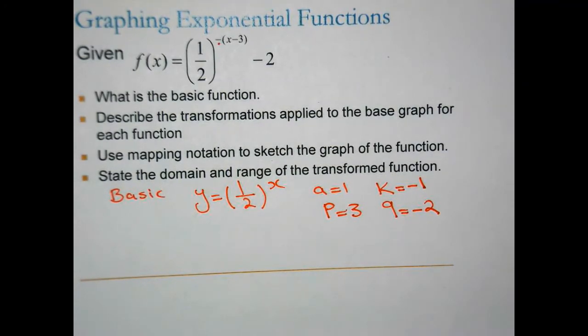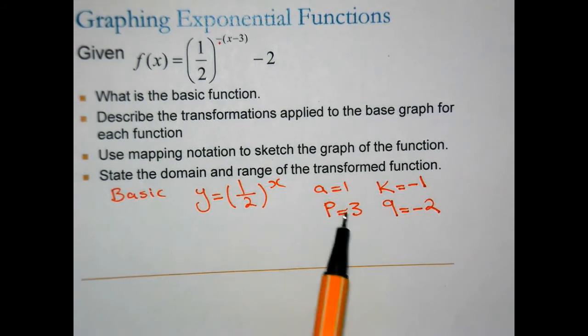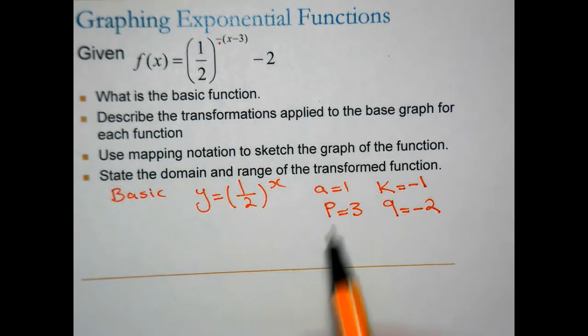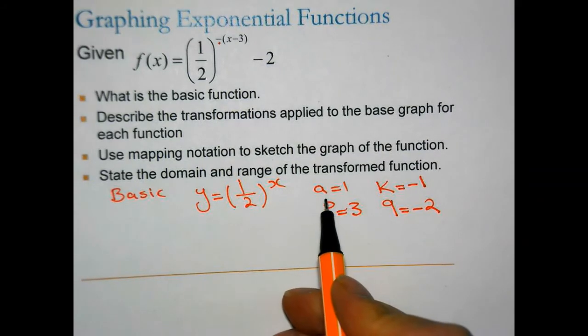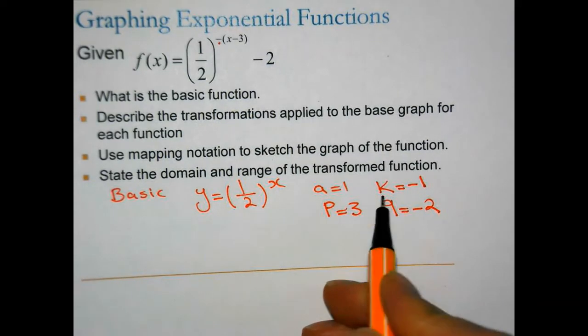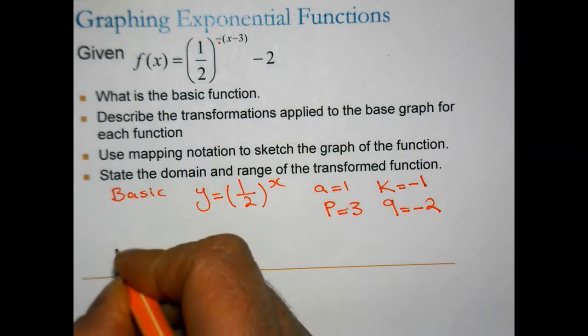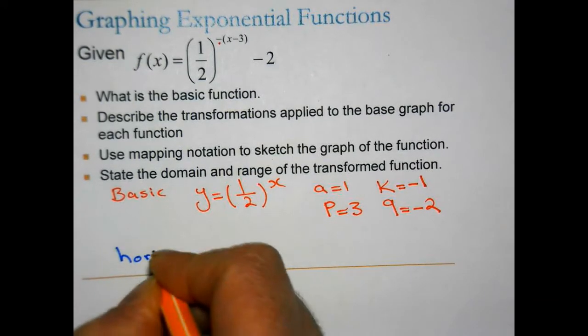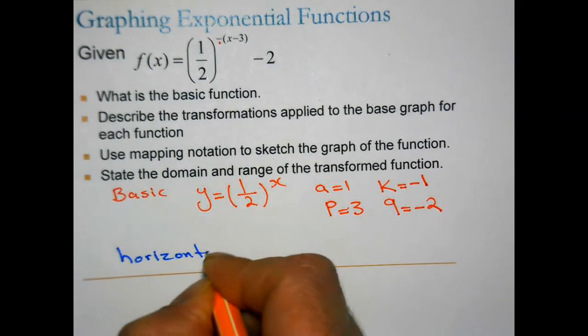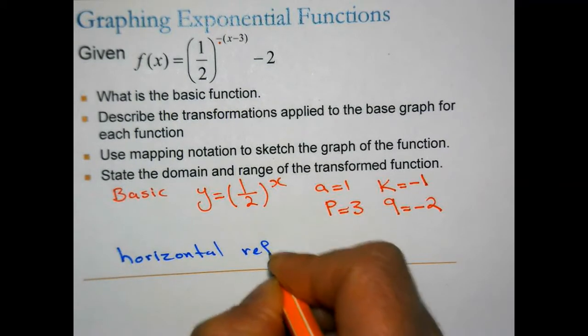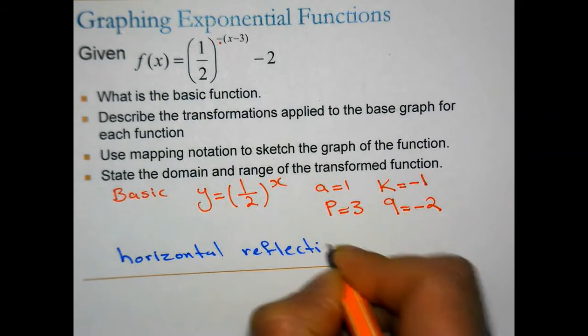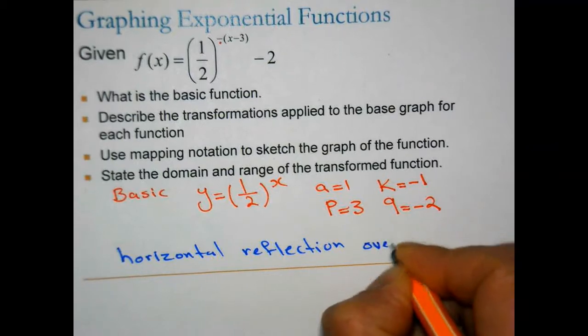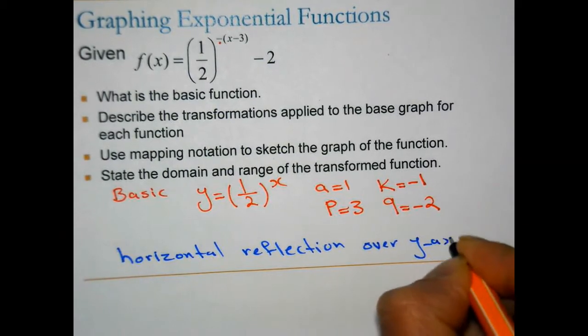So first of all, we want to describe what kind of transformations are happening. A is 1, so there is no vertical stretch or compression. K is -1, meaning that we have horizontal reflection over y-axis.